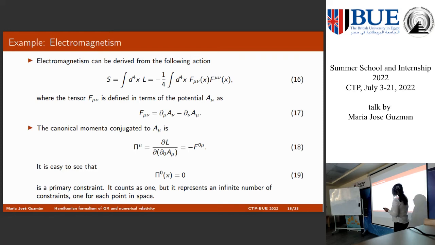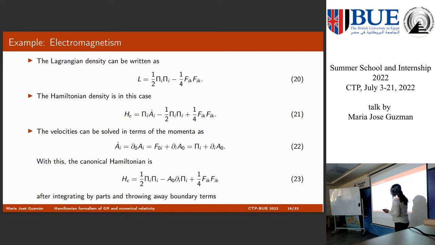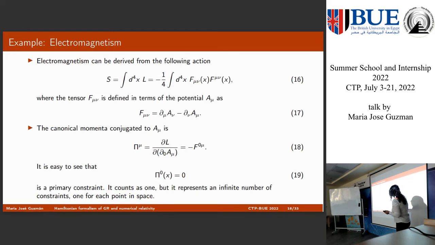Yeah? And then I will build, since I already have the velocities here, because the f0 contains a time derivative there. So this represents like the velocities, and the velocities are written in terms of the momenta.